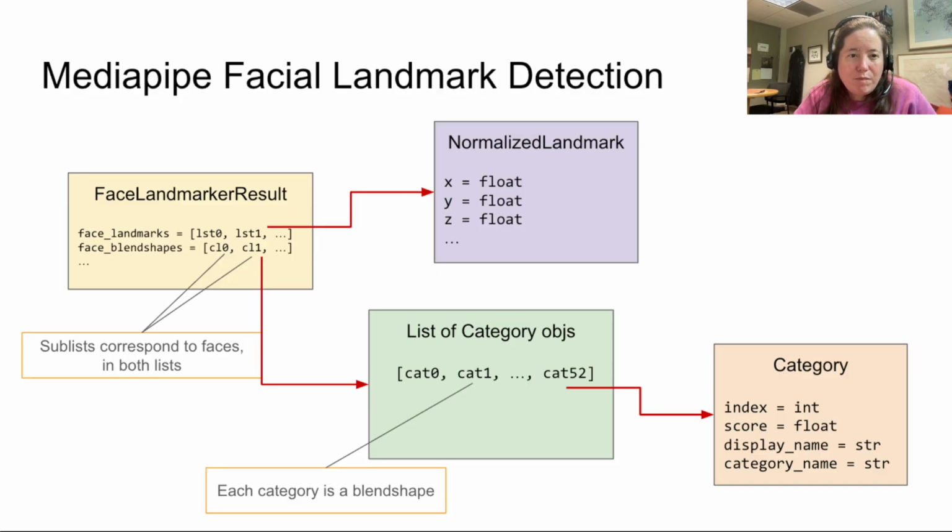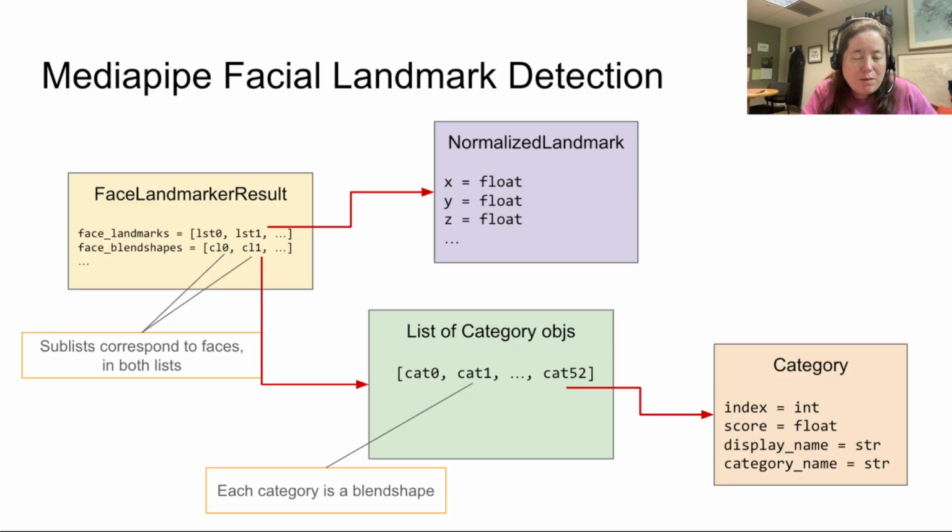The face landmark list contains sublists, and these sublists are 475-some long lists of normalized landmarks. So you just have a great big huge list with all of the landmarks in it in a particular order. And as normalized landmarks, they're similar to the key points we were looking at before. They've got X, Y, and Z coordinates.